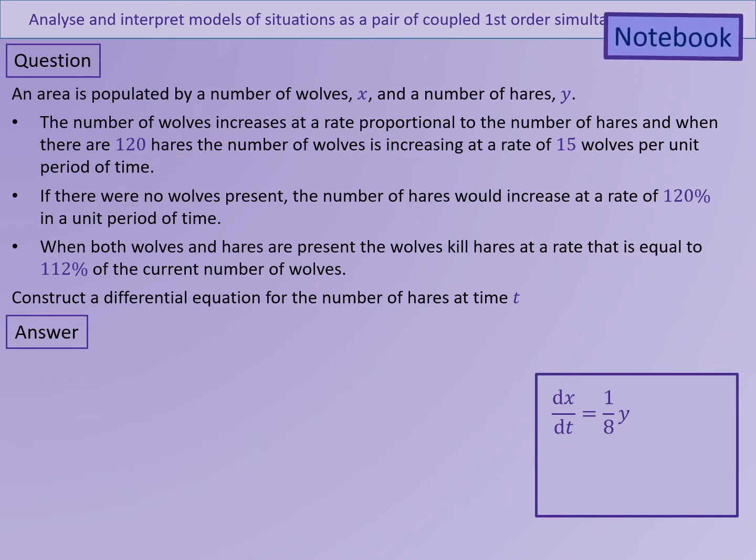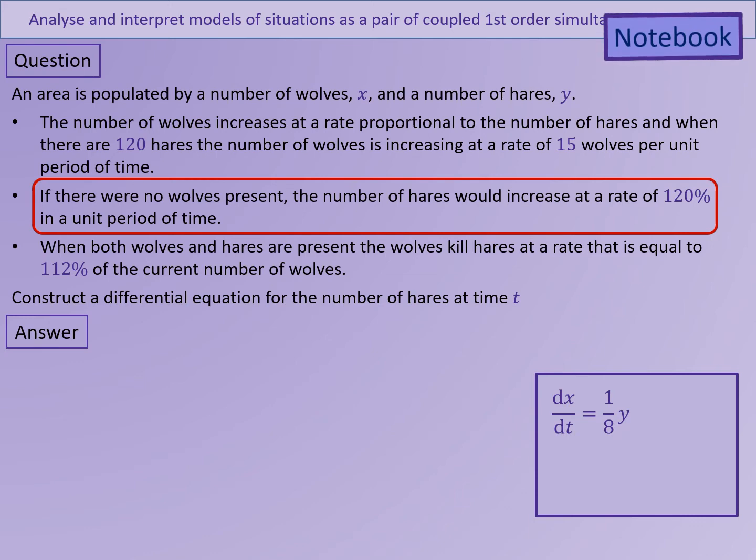Right, what about the next one then? If there are no wolves present, the number of hares will increase at a rate of 120% in a unit period of time. So that's your t value. I could write it like this: the change in the population of hares is equal to 1.2 times the number of hares itself.